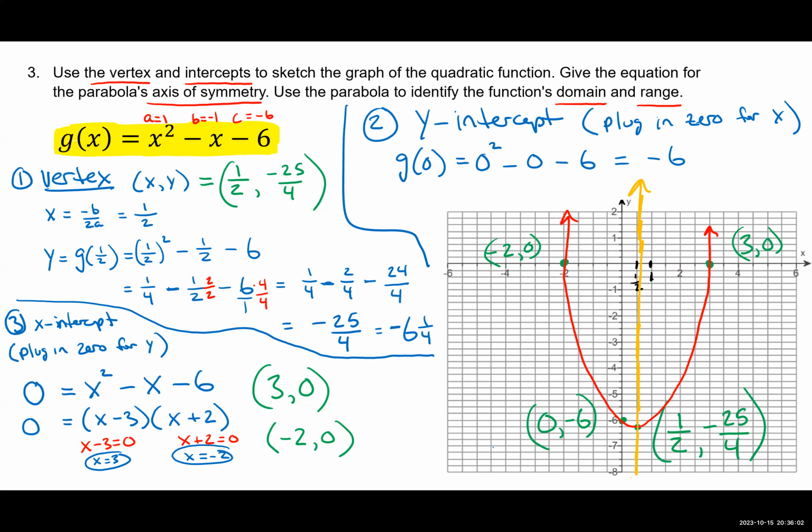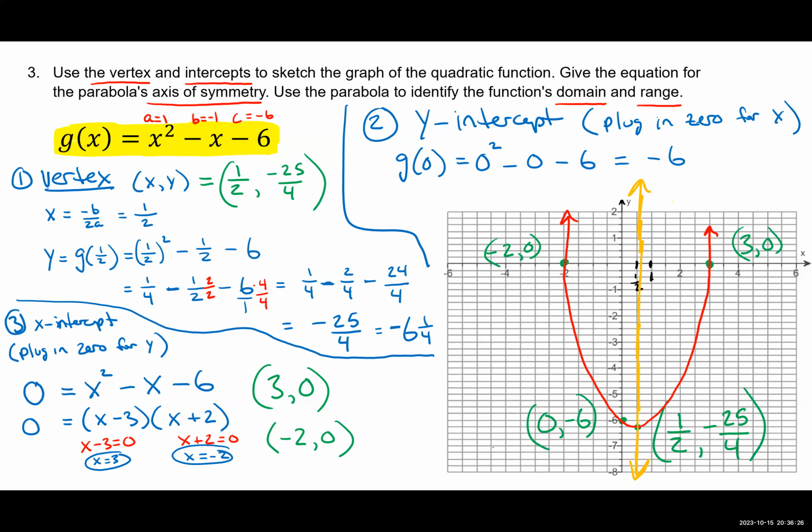So this orange line is the axis of symmetry. It's not part of the graph, right? The graph is the red one. The orange one is the axis of symmetry. It's like the center line of the graph. It's a vertical line, and it always goes through the vertex.